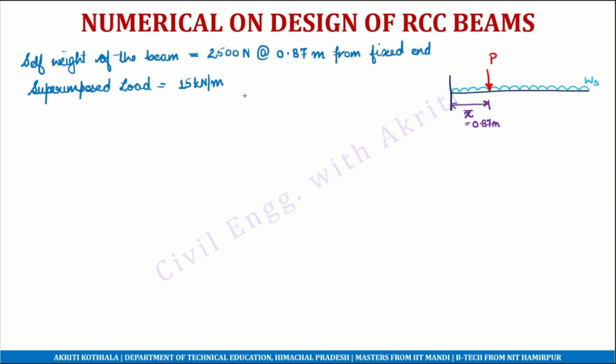Now we have to calculate the factored load. When we are calculating the factored load, we have to be very careful because one is a point load, so we have to calculate PU, which will be 1.5 times 2500, and the next is due to the superimposed load, that is WU, which will be 1.5 times 15 kilonewton per meter.